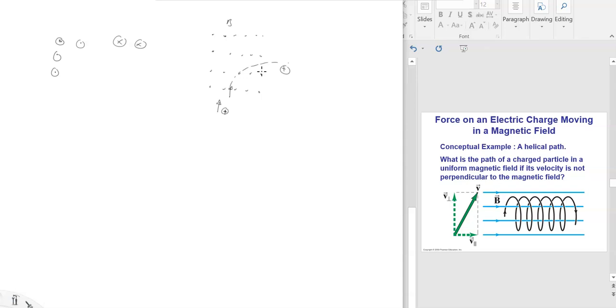And also, I wanted you to look into that. If the particle is deflecting, this is a curved path. How do you find the radius of this circle? The force applied comes from QVB.